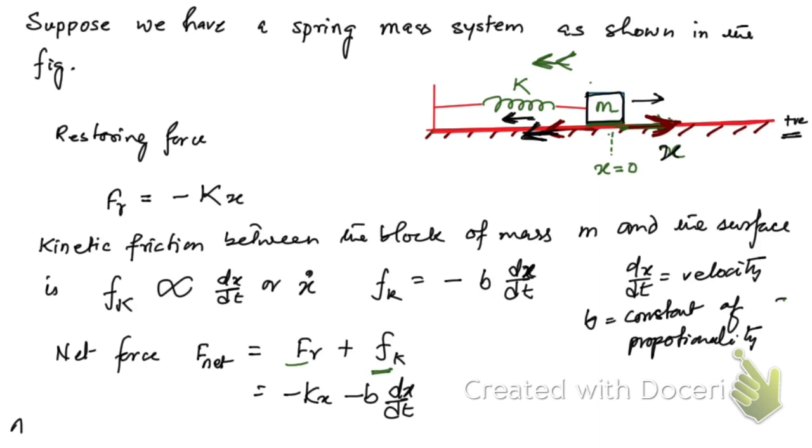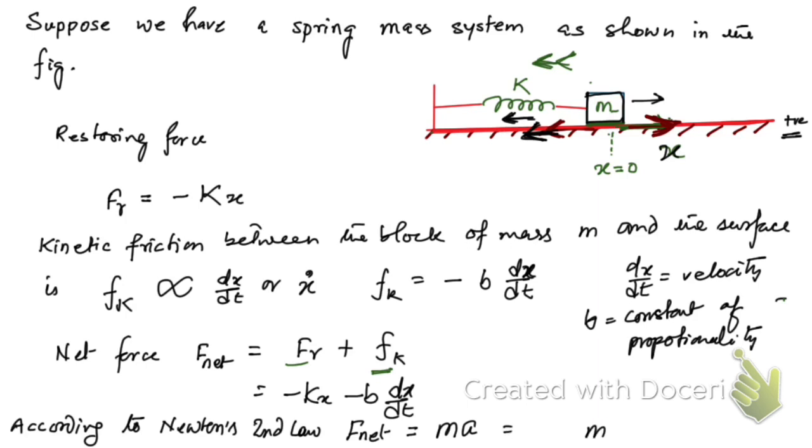Now you see the net force according to Newton's second law of motion. The net force is given by mass into acceleration. If we consider the mass of the block to be m and the acceleration to be a, then the net force is ma.